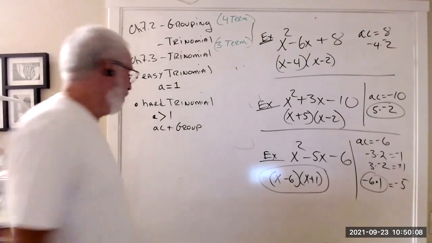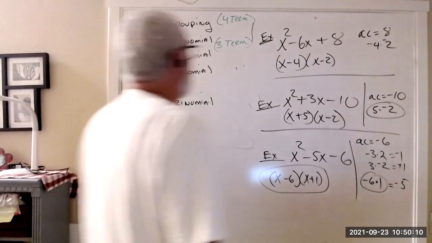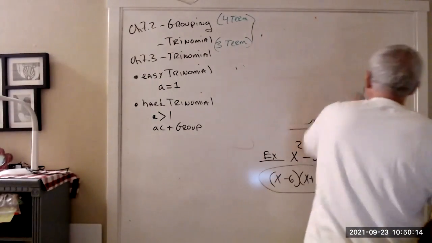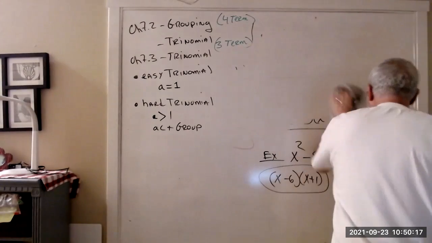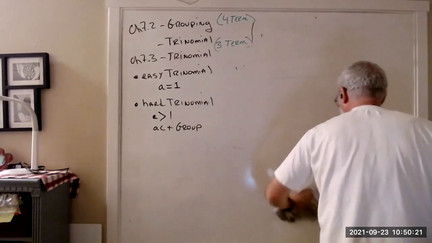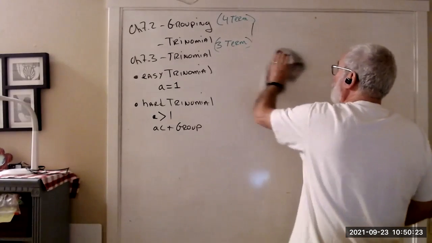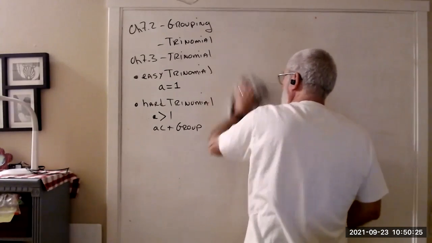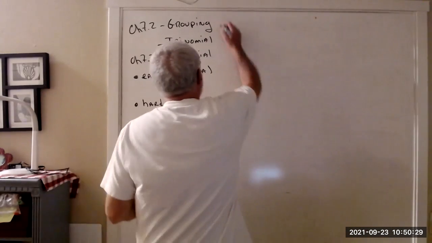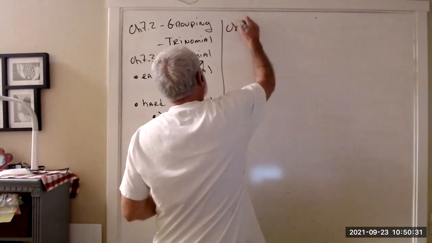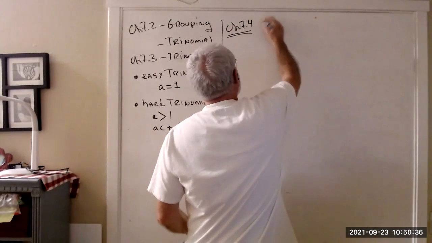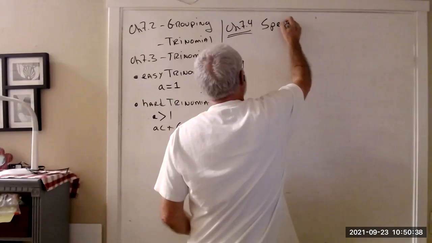There's another type of factoring, and it's in chapter 7.4. They call it special factoring.